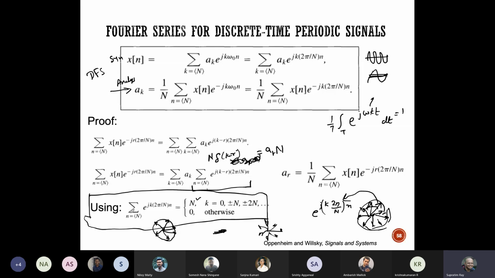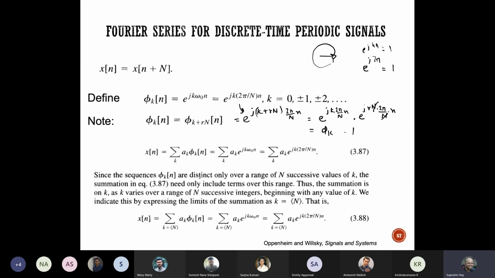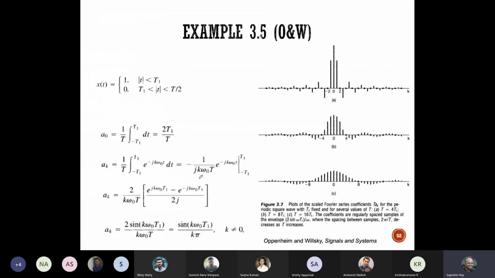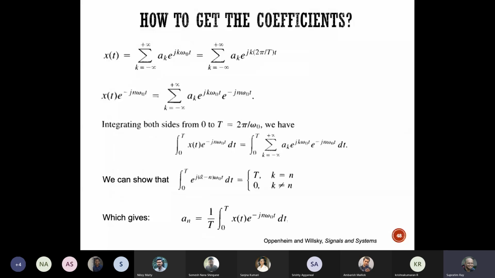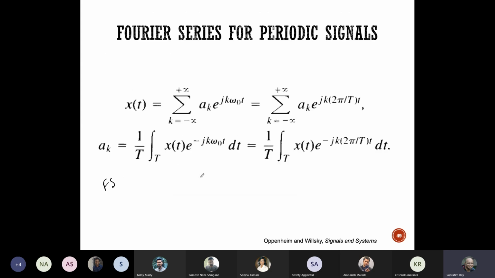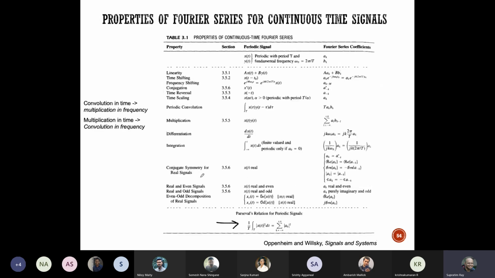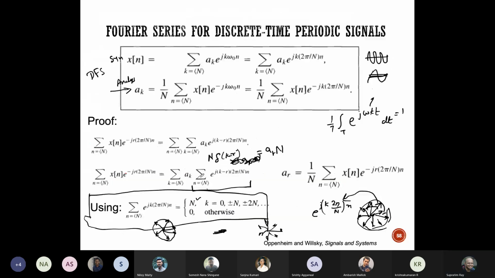At the end of the day, it is just this equation and this one here. If you understand these two, you're done. There's nothing more than this in Fourier analysis. So take your time and convince yourselves of these two. Everything else will fall in place.